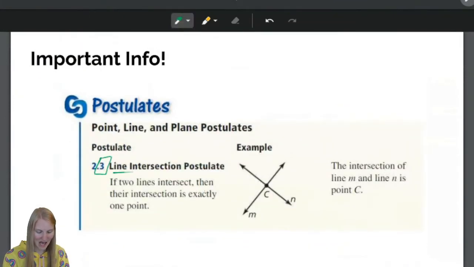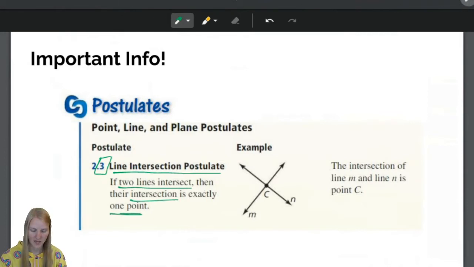All right, moving on to postulate number 3. This is the line intersection postulate. What it says is that if 2 lines intersect, their intersection is exactly 1 point. And you can see this here. These 2 lines are crossing, and the only place that they cross is that point.